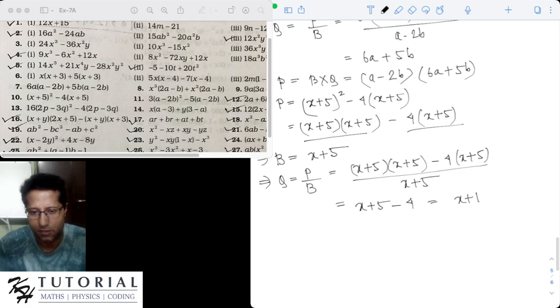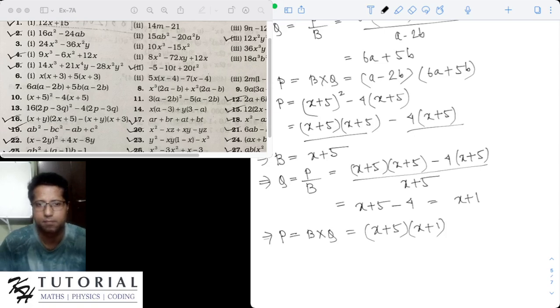Hence the factorization of the polynomial p will be equal to b into q. B was x + 5 and q is x + 1. This is the factorization.